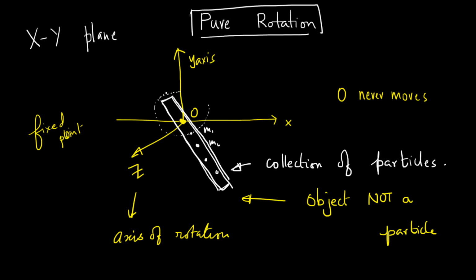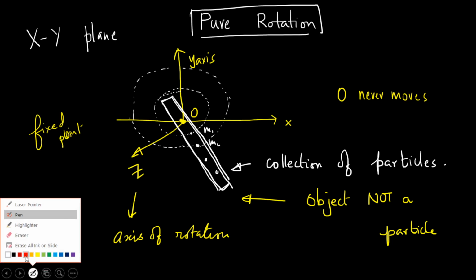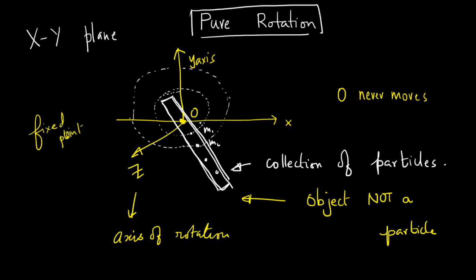Okay, motion in the form of circles. As the scale moves, the m1, m2 go in circles around the point O. So such motion is called pure rotation.